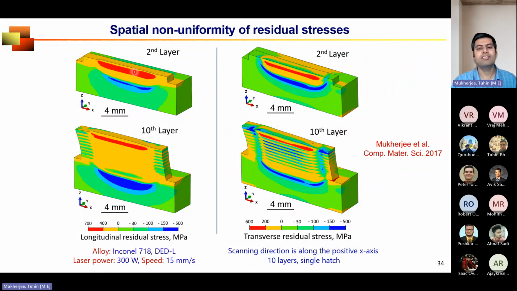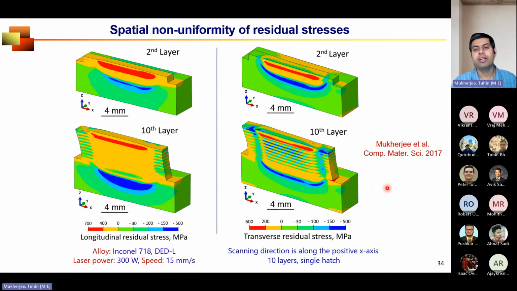Now similar high stress you can find near the top of the 10th layer, and you will see that between two consecutive layers there might be a sharp change between tensile and compressive stresses, and that may delineate two consecutive layers.